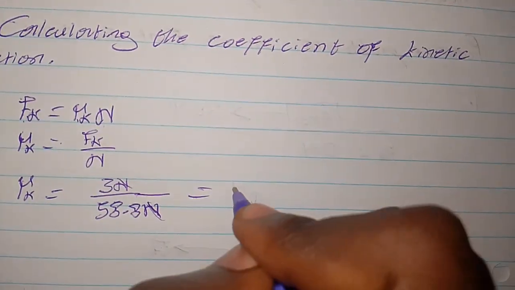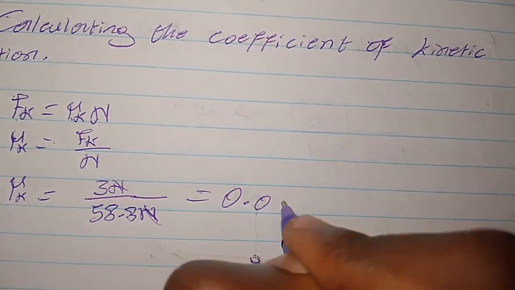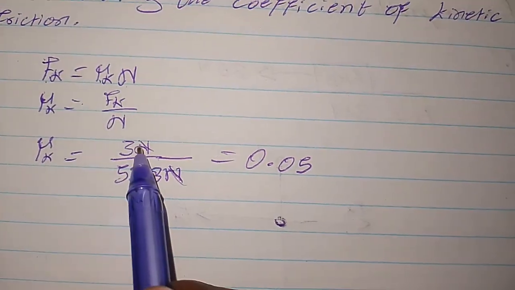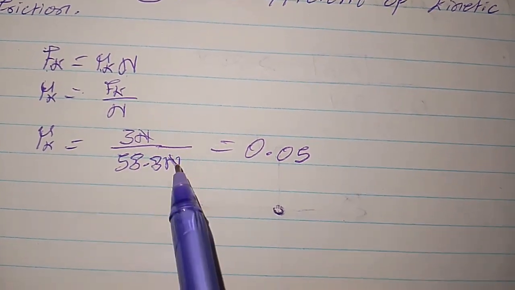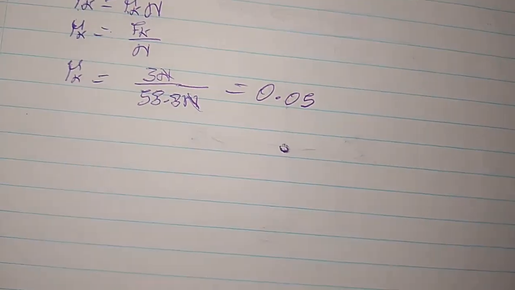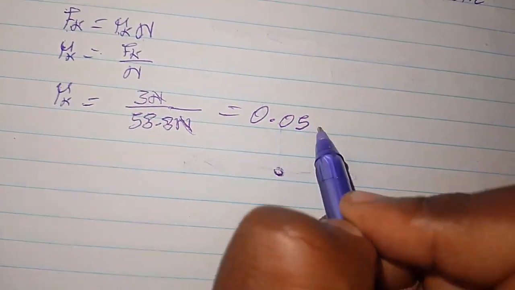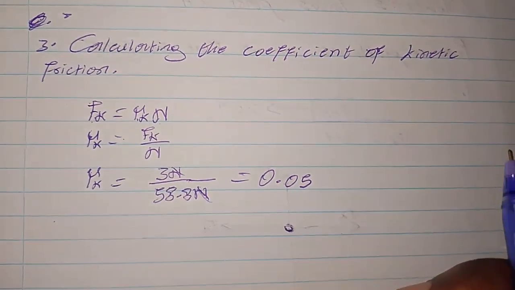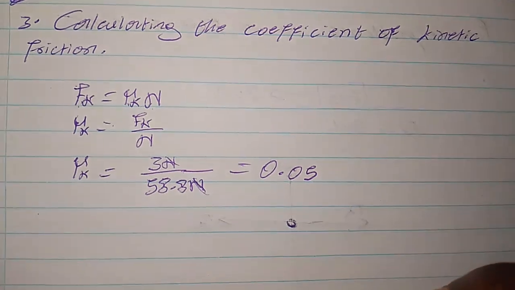This will be 0.05. We don't have a unit because Newton will cancel Newton, so we won't have any unit here. So this is how we calculate the coefficient of kinetic friction.